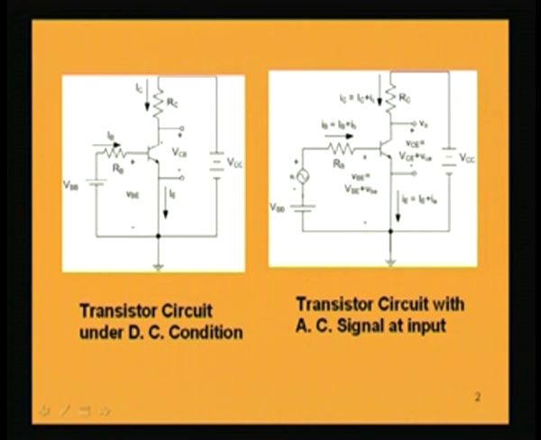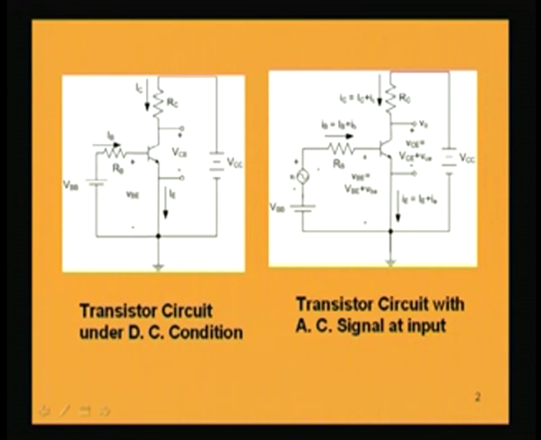Now consider the application of an AC signal at the input. Suppose we have an AC signal Vi along with the biasing voltage VBB applied at the input, and our purpose is to amplify this weak signal faithfully.